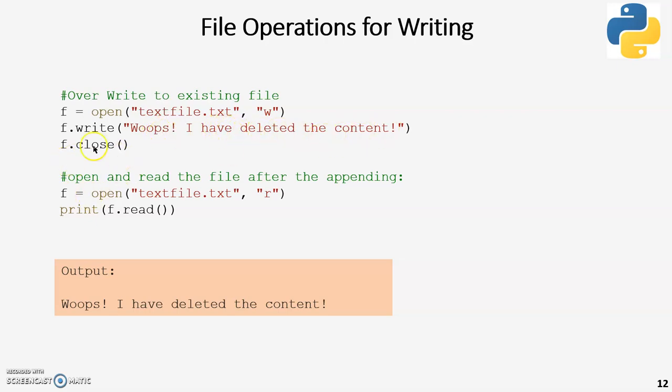I close the file, and if I now read the file, I will see that whatever previous contents were there in the text file are all deleted and a completely new line is entered. So that is the difference between opening a file with W or A, that is append.